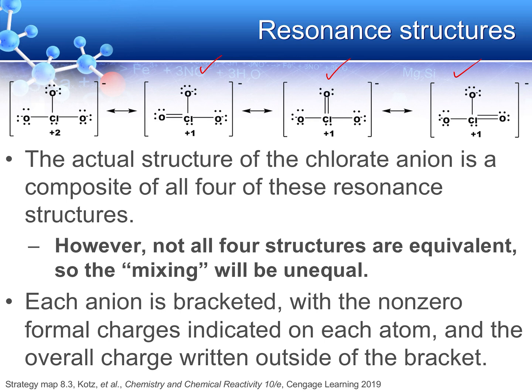When you're mixing these together, the mixing won't be equal. And the structure way over here on the left will contribute less because of this imbalance of formal charge. So again, all of these ions are drawn with brackets around them and with the overall charge written on the outside of the bracket, and with these little resonance arrows in between.